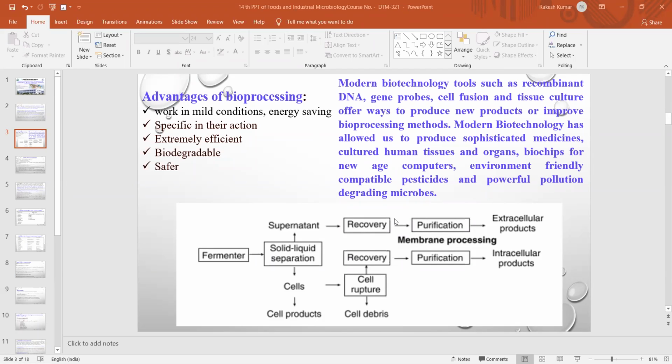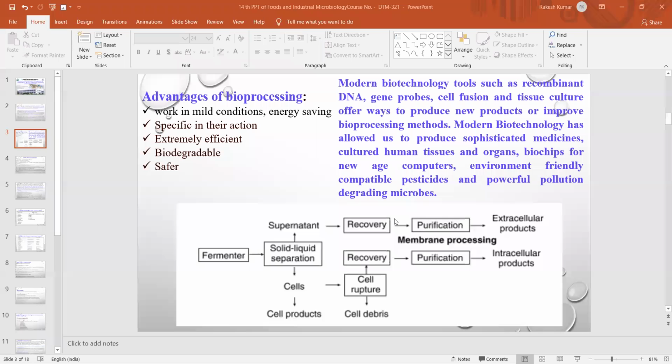So, something about modern biotechnology, what is happening and how it is affecting the bioprocessing process. Modern biotechnology tools such as recombinant DNA, gene probes, cell fusion, and tissue culture offer ways to produce new products or improve bioprocessing methods.